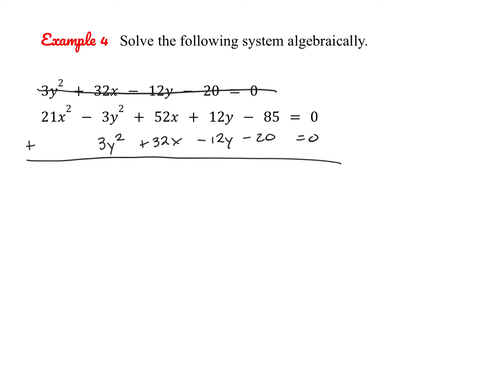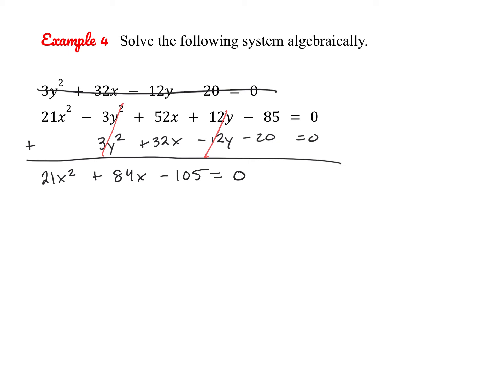So that gives us 21x squared, plus 84x, minus 105 equals 0. So now we have a quadratic equation, so we need to finish solving for x.